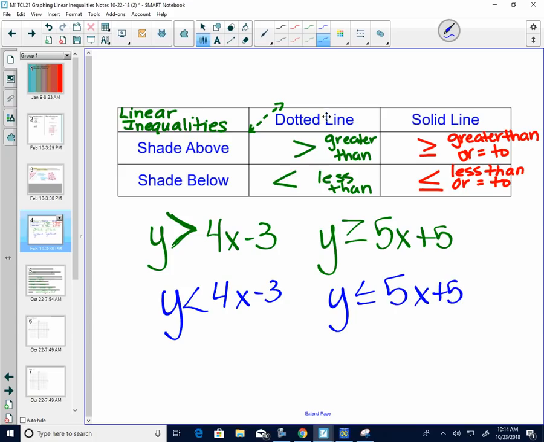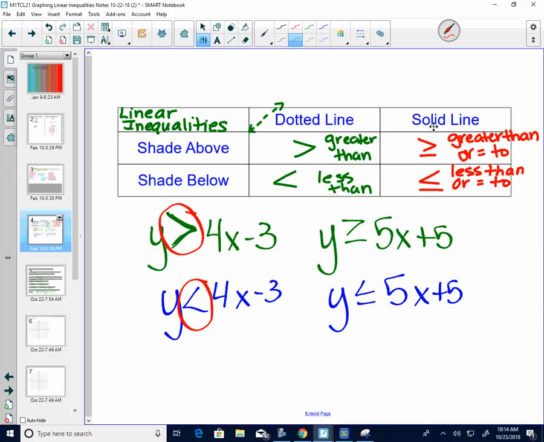Then you have dotted lines for both of these symbols, the greater than and the less than, because the line cannot be included because it does not say equal to, so it is a dotted line, much like the open dot on the number line.